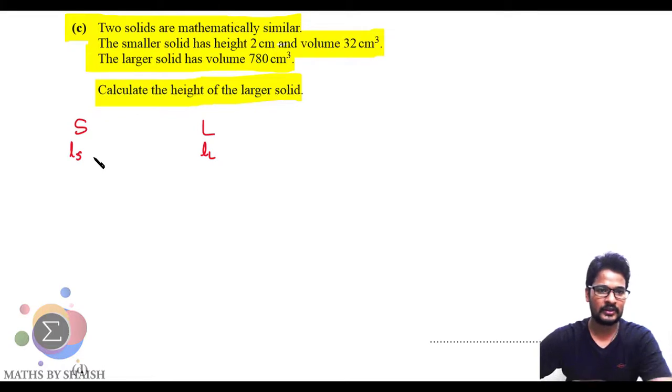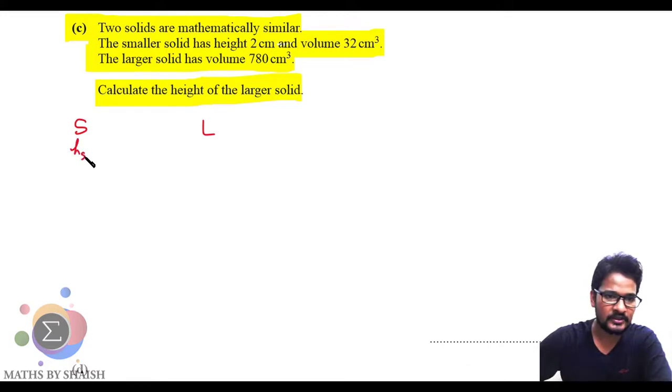Height, these are the heights, so I should take H, not L. HS for the height of the smaller solid and HL for the height of the bigger solid. And similarly, if we talk about the volume, V of S for the smaller volume and V of L for the larger volume.